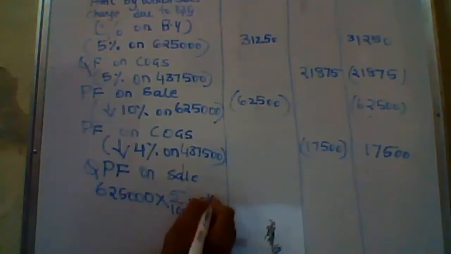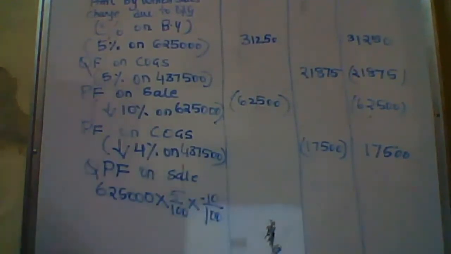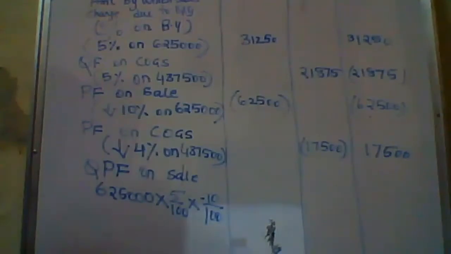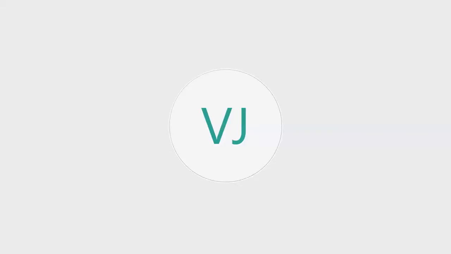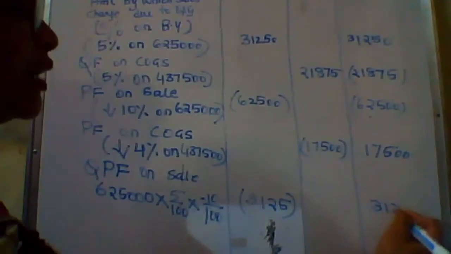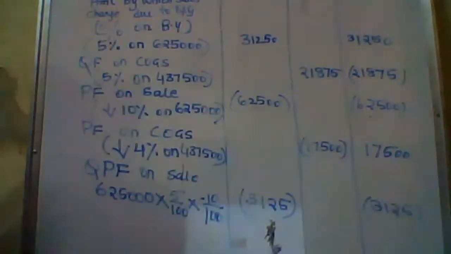So this will be minus 10%. Your final answer will be a minus amount. Keep that in mind. 3,125. This is a minus answer. So here you will put a minus answer, 3,125.